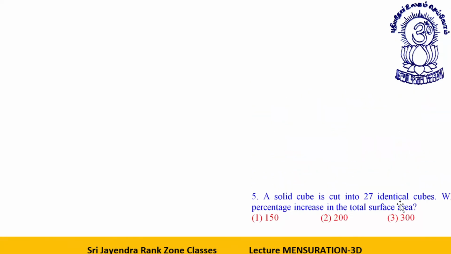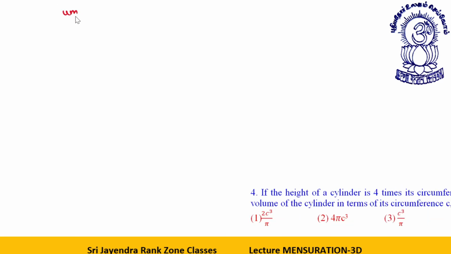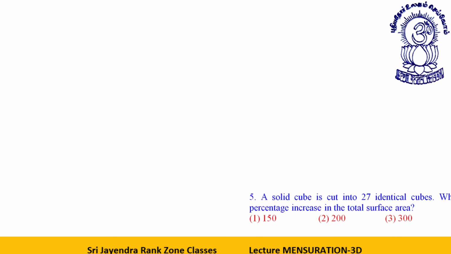A solid cube is cut into 27 identical cubes. What is the percentage increase in the total surface area? See, what I say, assume the length of the side of the first cube.